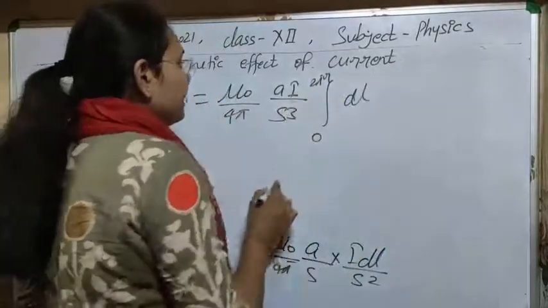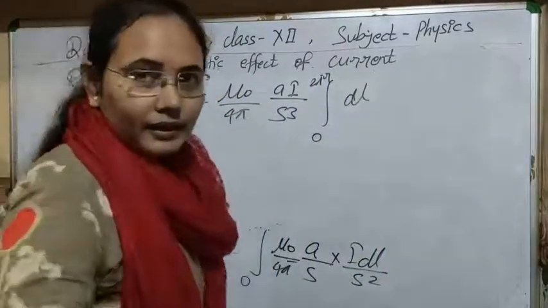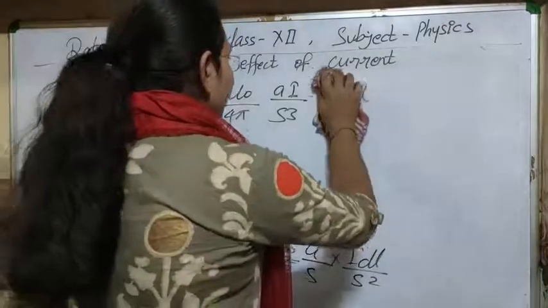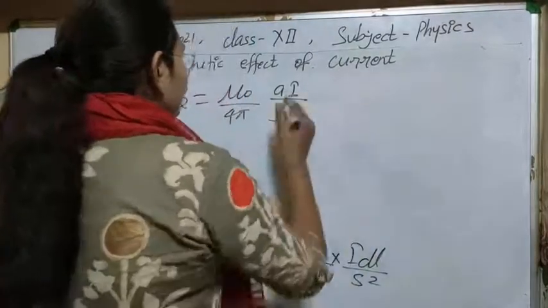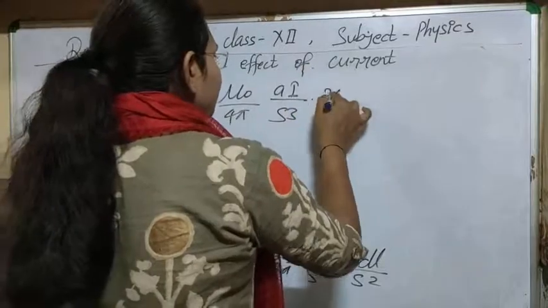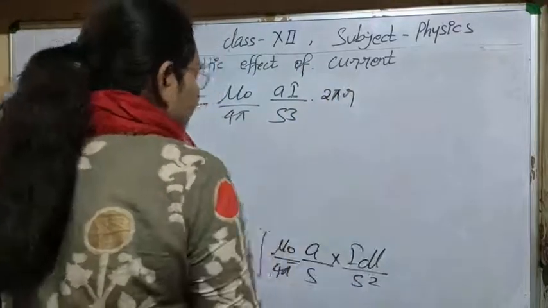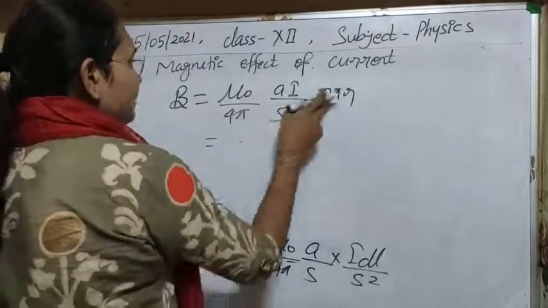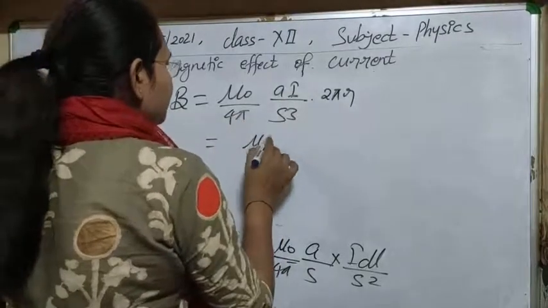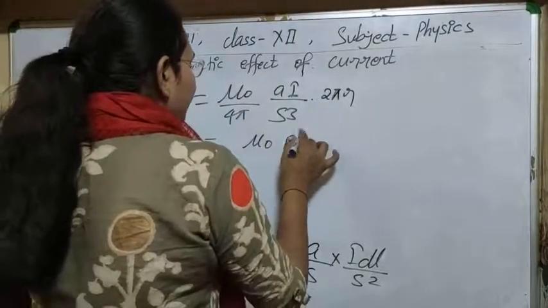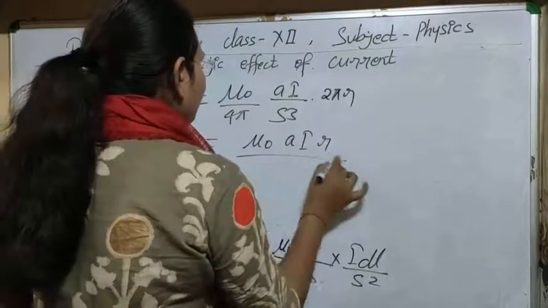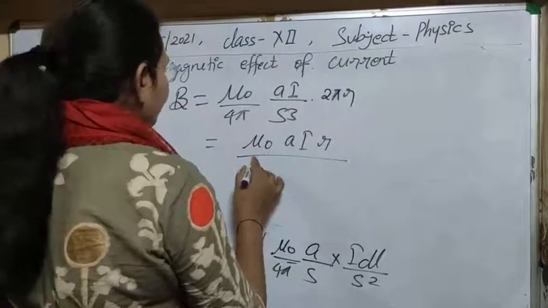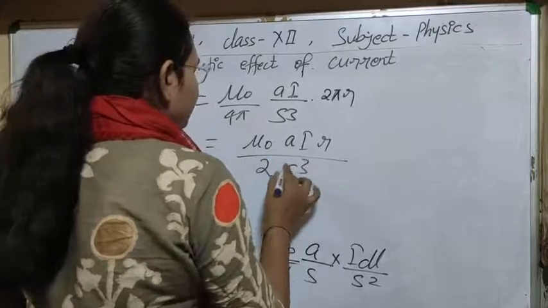Only this term will be inside, and if you integrate this term, then obviously it is just like the last term. So we obtain 2 pi r here, and if you solve it, then pi will be cancelled out. This is mu 0 a I r upon 2 times s cube.